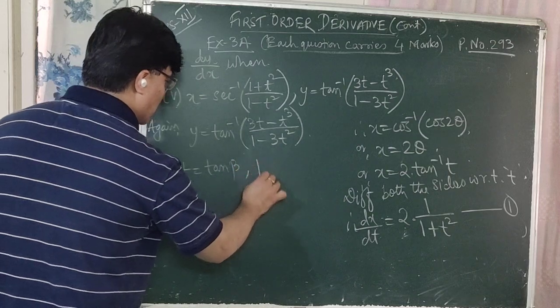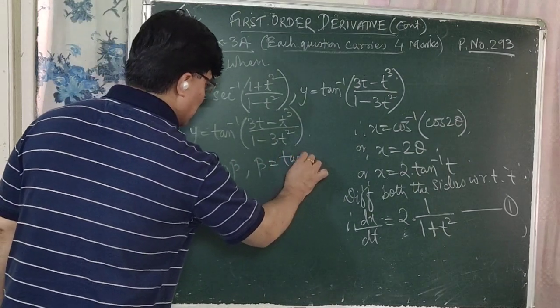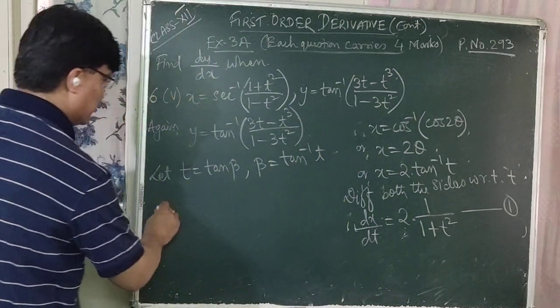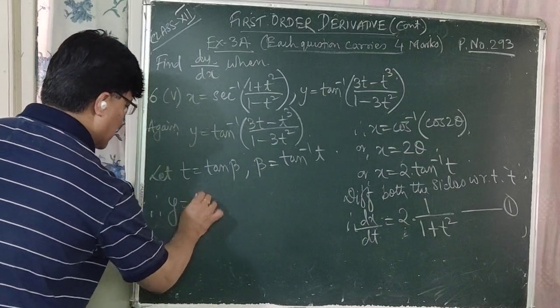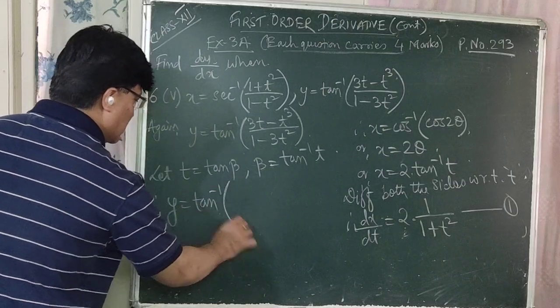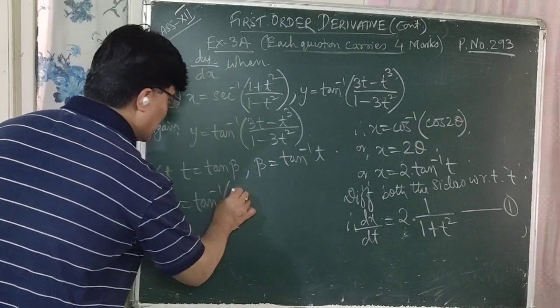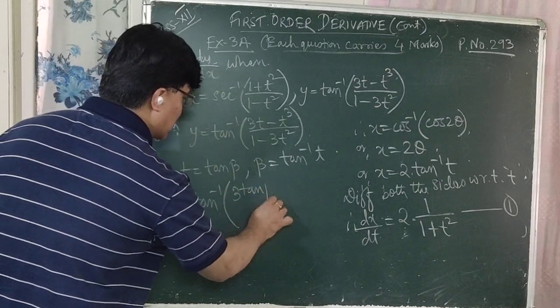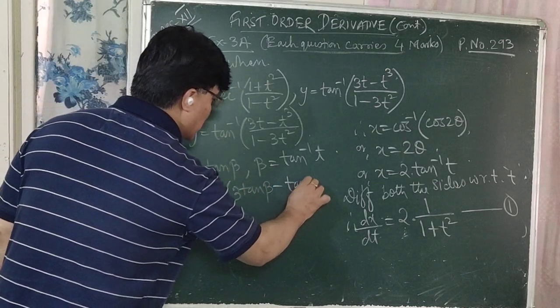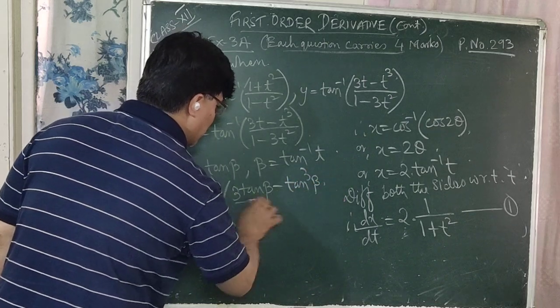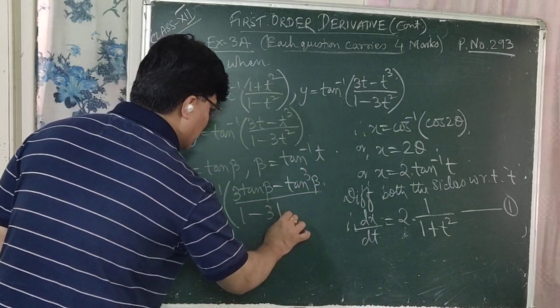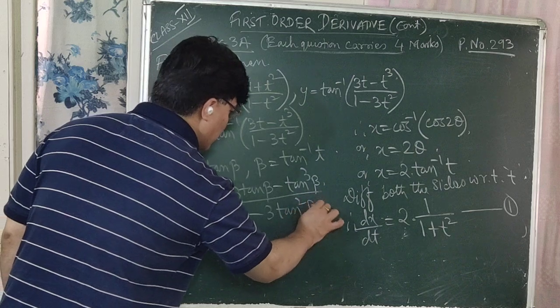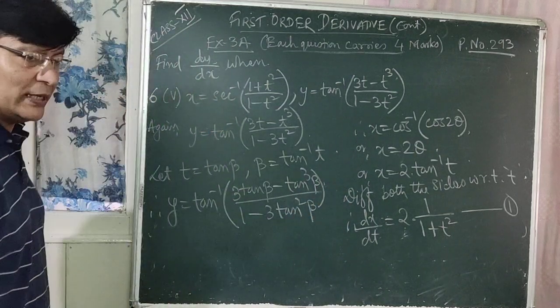Okay, so what is the value for beta here? It is tan inverse t. Therefore y is equal to tan inverse. So within bracket, what do we get? Instead of t, you write 3 tan beta minus tan cube beta divided by 1 minus 3 tan square beta. Bracket closed. Okay.